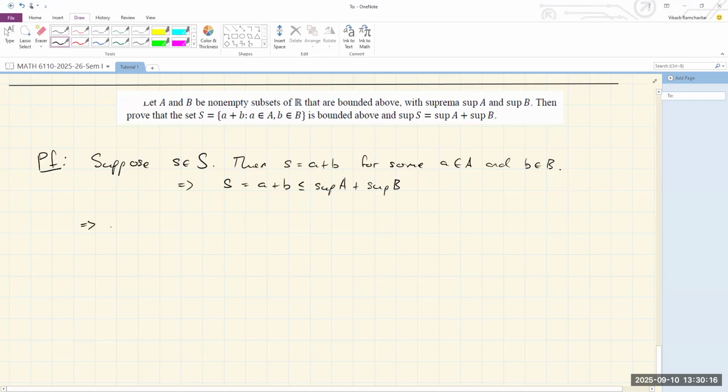So this number, supremum A plus supremum B, is an upper bound. That's the definition of an upper bound: every element of the set S is less than or equal to this number. If a set has an upper bound, it's bounded above. So hence, S is bounded above.